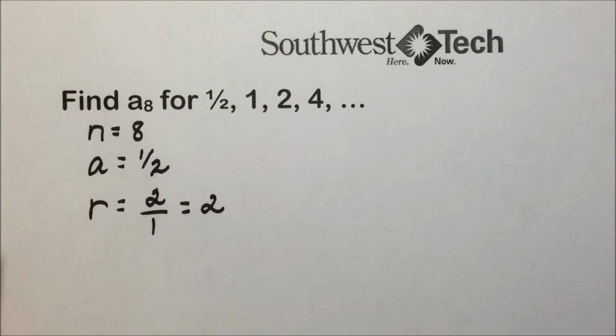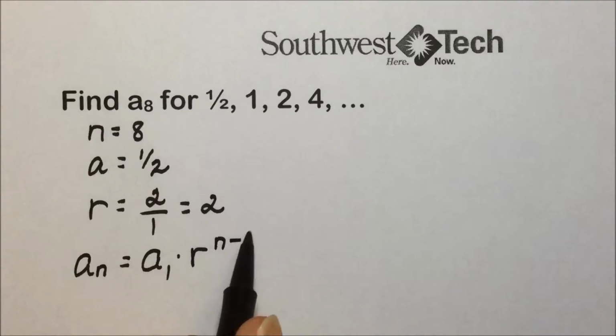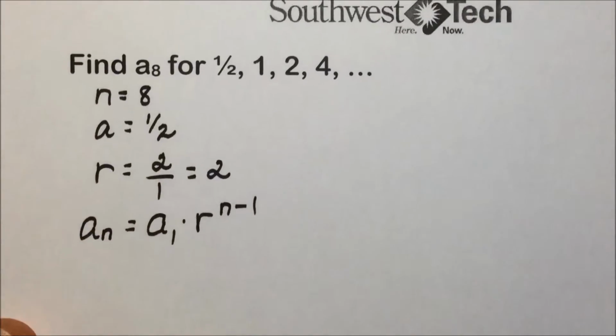It is a geometric sequence, and to answer this problem then, the nth term, the formula we just wrote down, is found by taking the first term times r to the n minus 1 power.